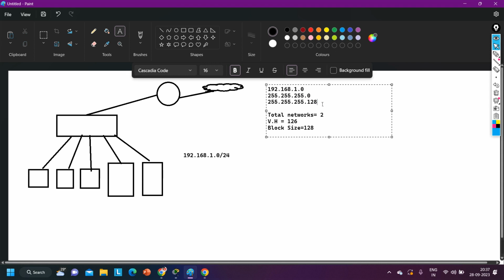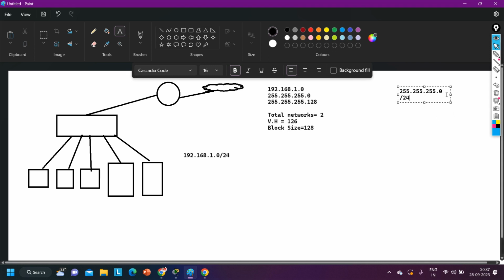Actually, what is meant by CIDR? CIDR value is just another representation of the subnet mask. If the subnet mask is 255.255.255.0, how many network bits are there? 24. So we represent the network bits as /24.